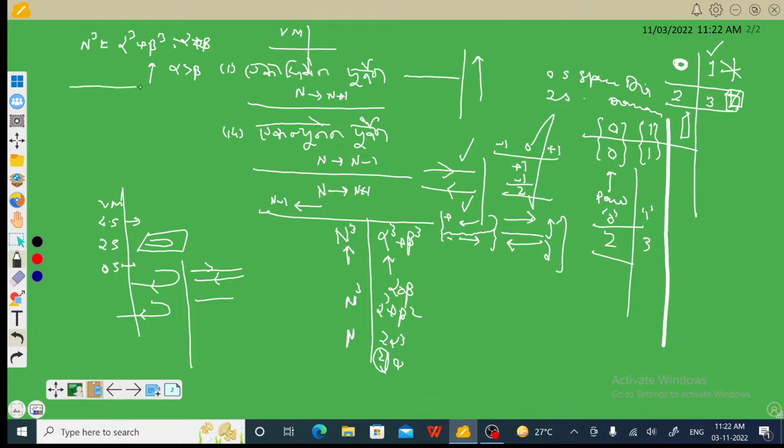Now if we have this case in our mind, then instead of n cube as a number, let us take it as a cube as a geometric body. This cube, a cube, with length a, breadth a, and volume a cube.